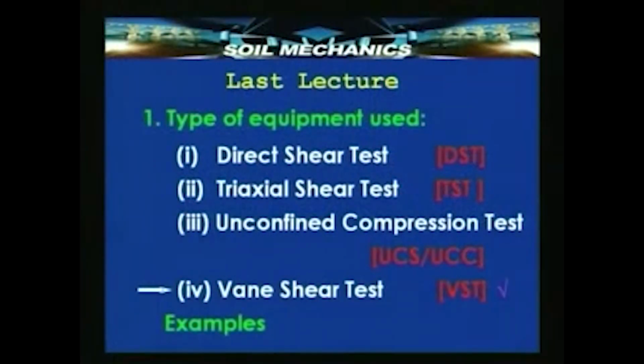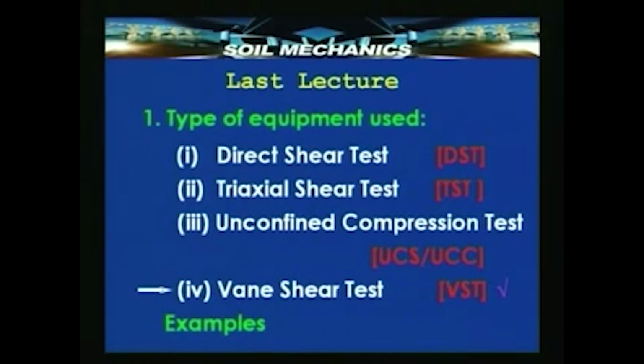So, to start with, in the last lecture I had mentioned that we have divided this topic into 3 aspects. The first aspect being the type of equipment used and the kind of tests that are done to determine the shear strength of soils.